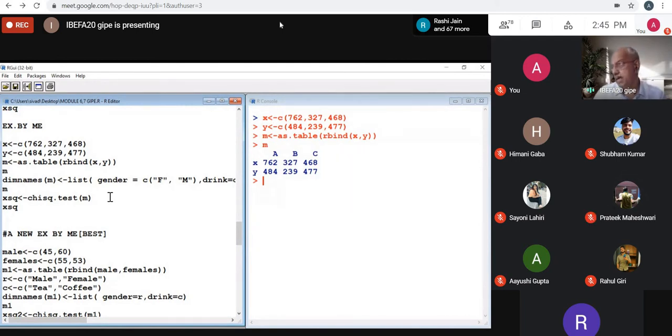A, B, C, tea, coffee, lemon juice, X, Y, male and female. Instead of A, B, C, X, Y, directly you can give the name in the following coding. In the matrix dimension, dimnames, list, and give the string. Finished.